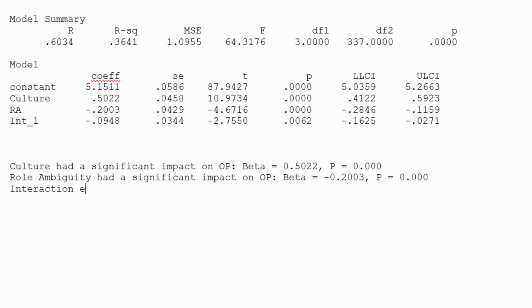Interaction effect, culture into role ambiguity, was significant.